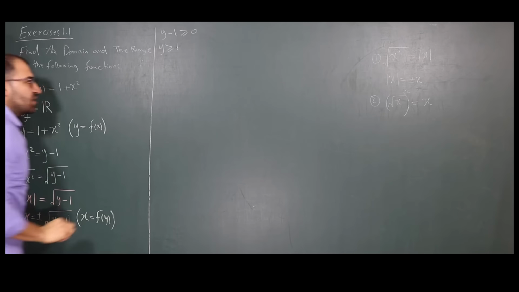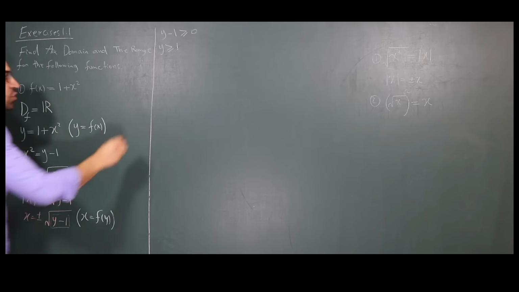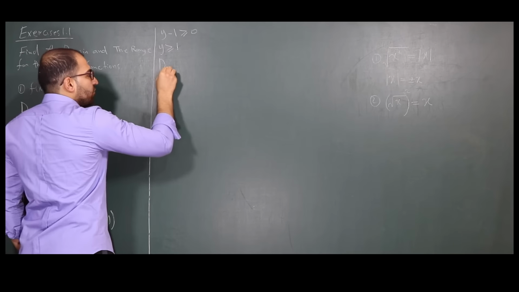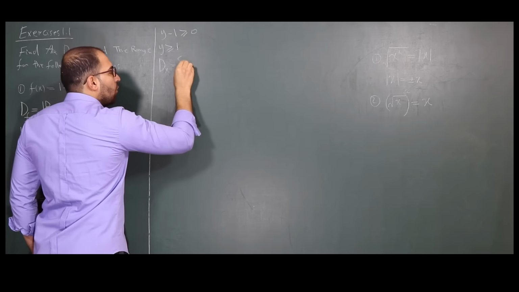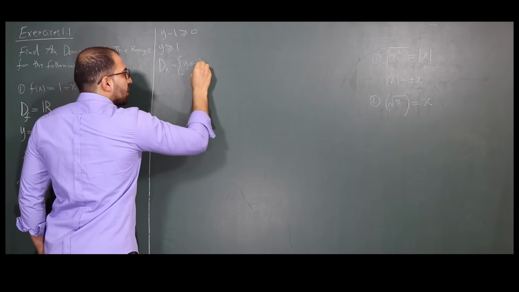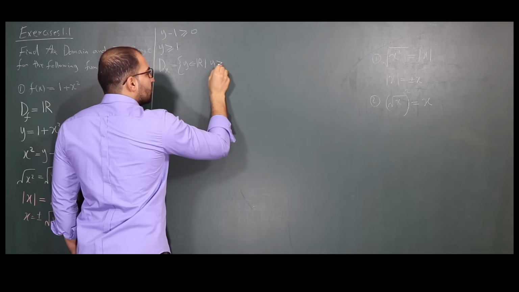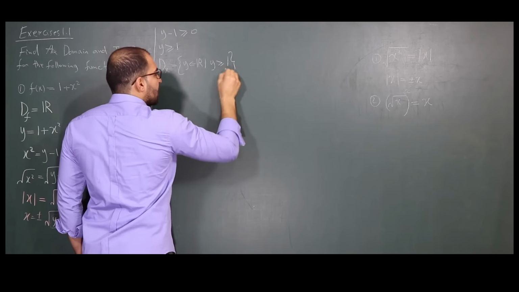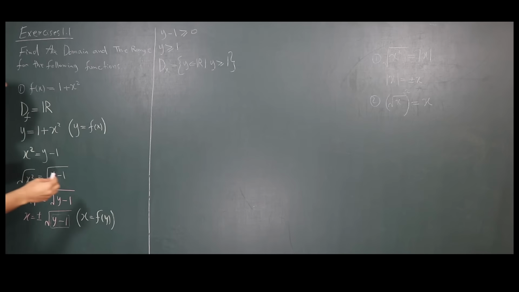So this is the condition that I need to satisfy to construct the domain of the function x. The domain of the function x will be all the y in the real line that satisfies one condition, which is y should be greater than or equal to 1, which is the result of the main function.